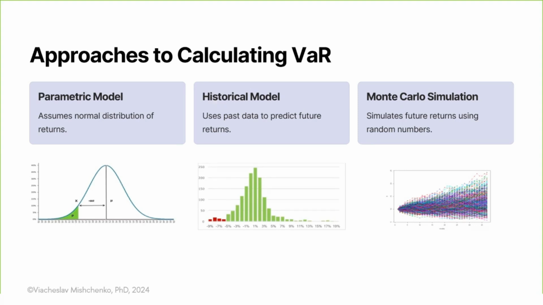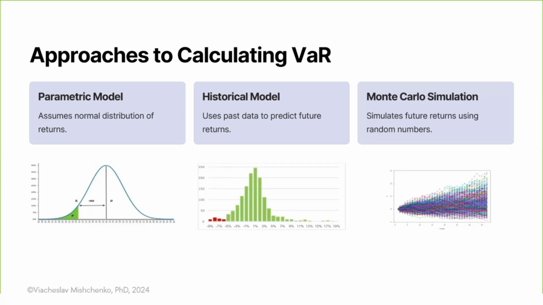So what are the major approaches to calculate value at risk? There are 3 of them, actually. The first is parametric, then historical, and then Monte Carlo. Step by step. Each approach has its strengths and weaknesses, and understanding when to use each is crucial. First of all, let's consider the parametric model, which is like the neat freak of the VaR world.